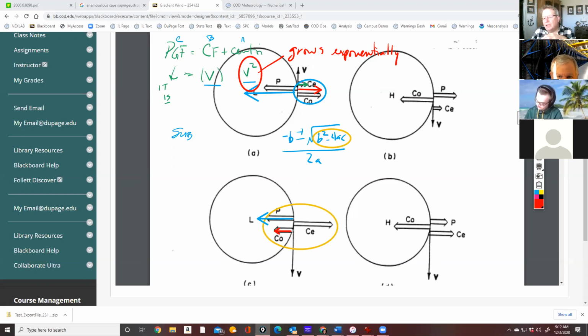The problem is the gradient wind comes about by actual winds. So we call this the anomalous case, which is going to show that it's a negative velocity from what it was before and very large.